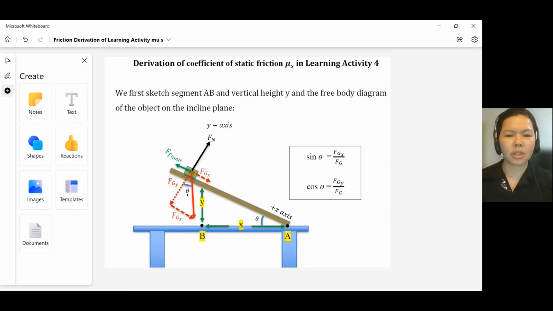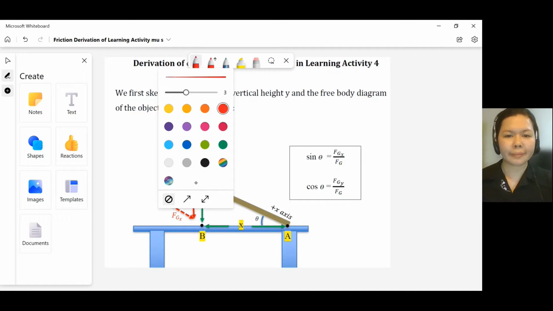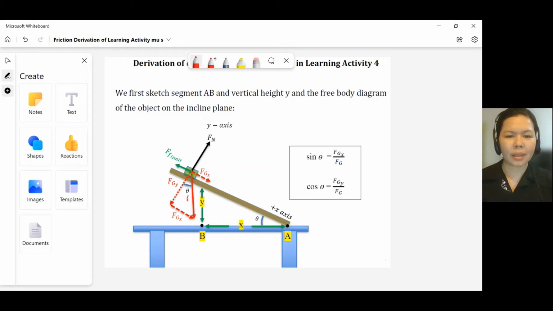Since FG is not along the X or Y axis, we get its components.